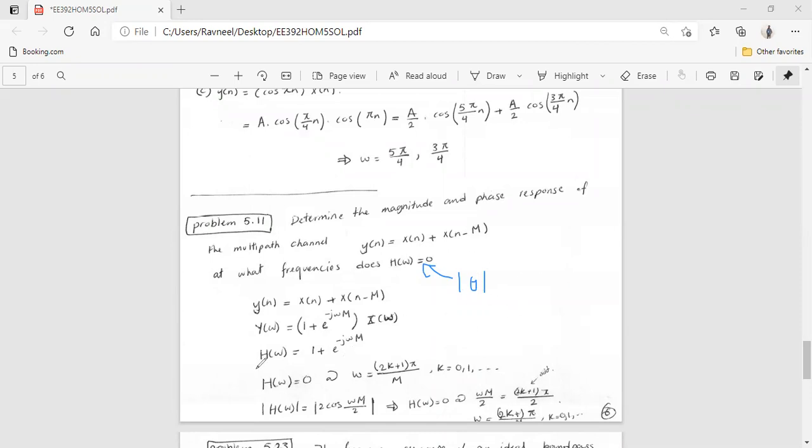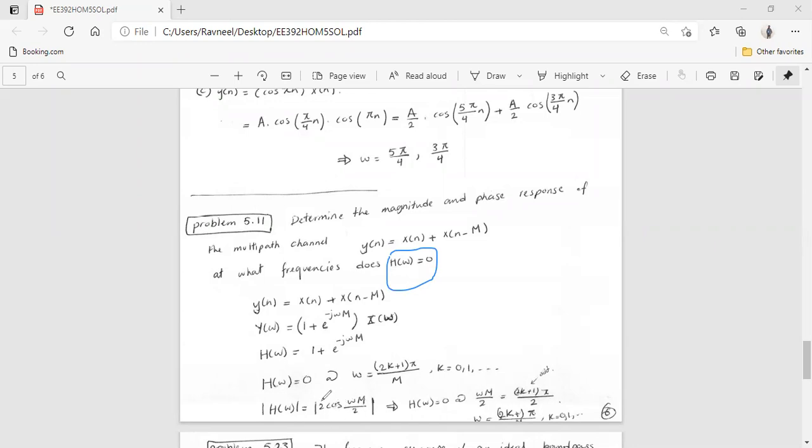Evaluating the magnitude in the normal way, we get the magnitude response as 2 cos of omega m upon 2, and its magnitude is equal to 0. So basically, we need to set this equal to 0.